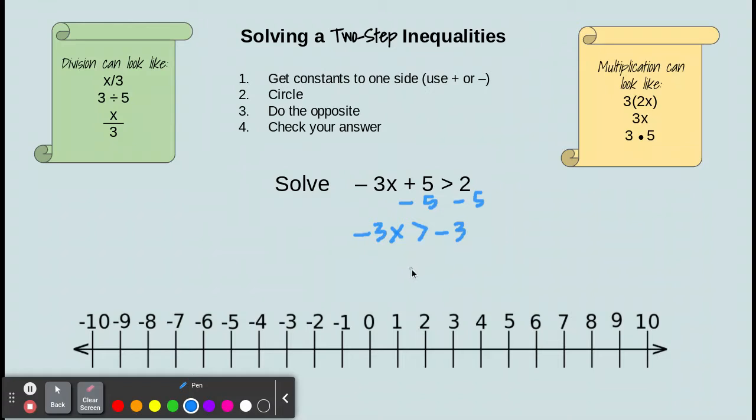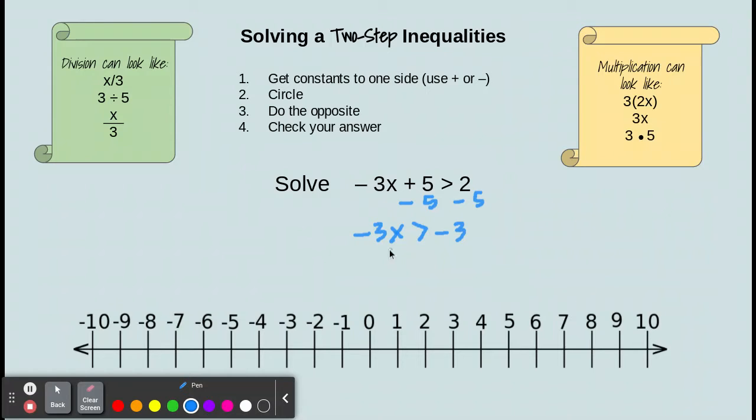Okay, now we're going to do this second step. We're going to note two things. One, this is multiplication, correct? Negative 3 times x. So we know we're going to have to divide to isolate the variable x. The other thing we want to make note of is, what is the sign in front of the 3?